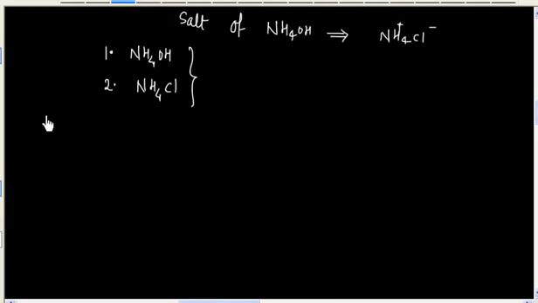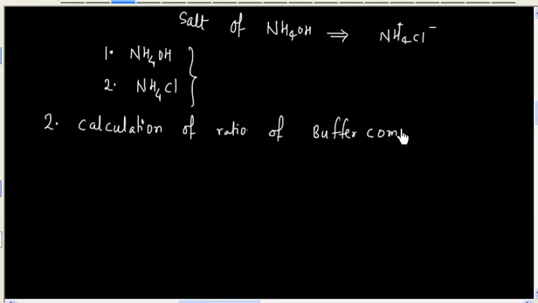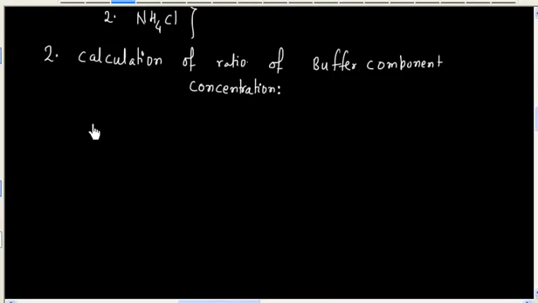The next step is calculation of ratio of buffer component concentration. And for this we will use Henderson-Hasselbalch equation.